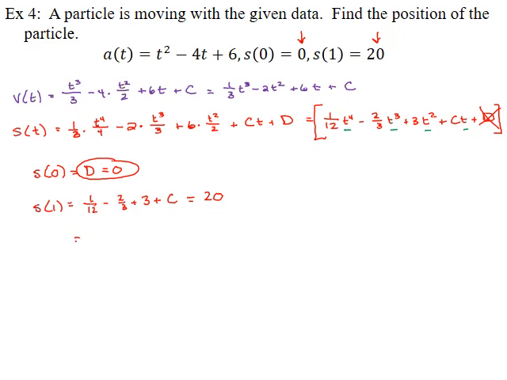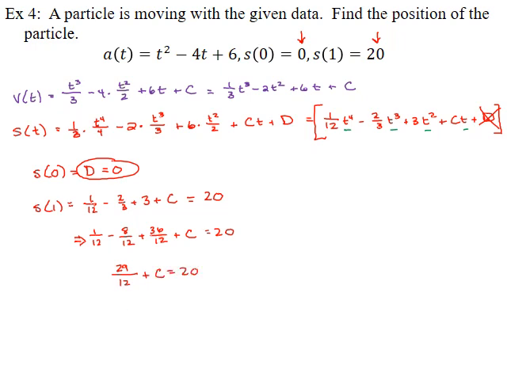So finding some common denominators here, looks like you're going to have a 1/12 minus an 8/12 plus a 36/12 plus c is 20. Putting all of those together, that's going to be 29 over 12 plus c is 20.